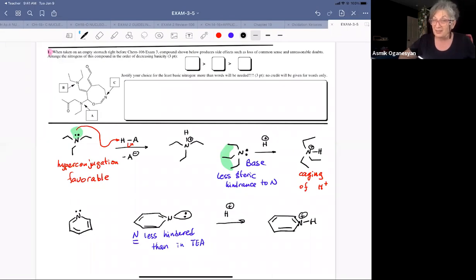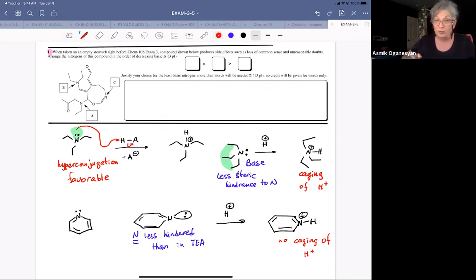So we see no caging of the proton. So original amount of electron density on nitrogen is better, but capability of keeping that proton is not.